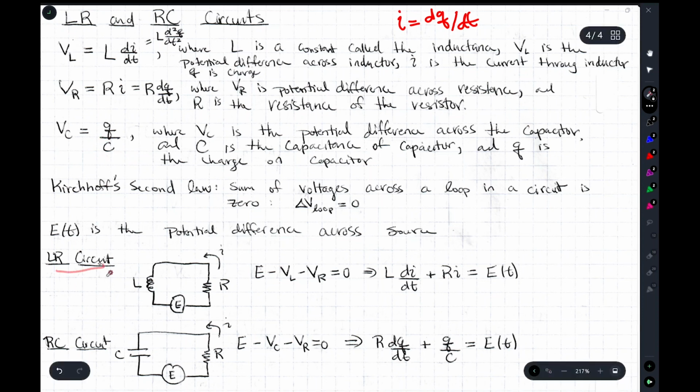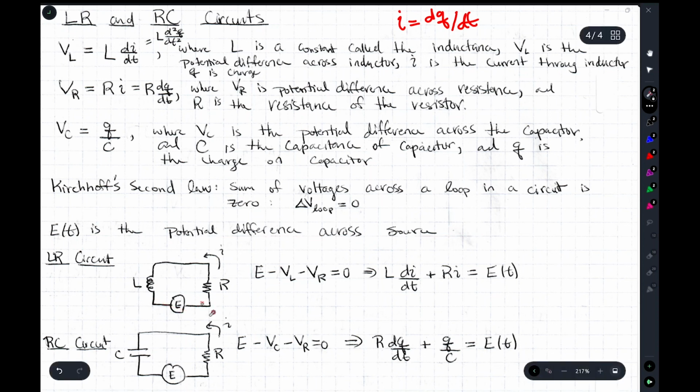When we're looking at an LR circuit, we have Kirchhoff's second law, which tells us that the sum of voltages across a loop in a circuit is 0. If we have some source, this source could be a battery or some voltage generator. It could have square waves, triangular waves, sinusoidal waves, or just constant, which is just a battery. But we just leave it general as E of t being the potential difference across this source.